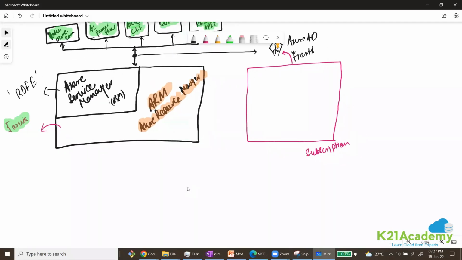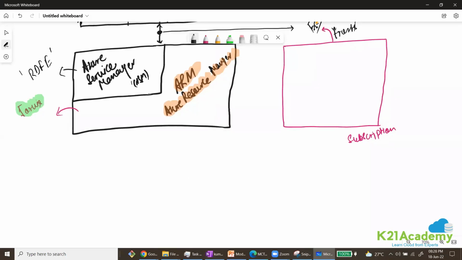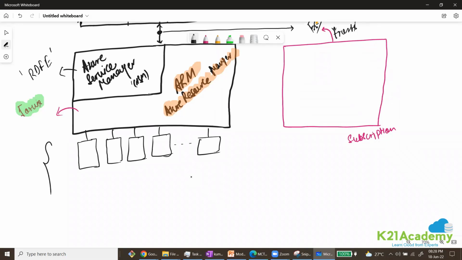Now let's discuss one very important concept. This Resource Manager will be connected to something called resource providers.